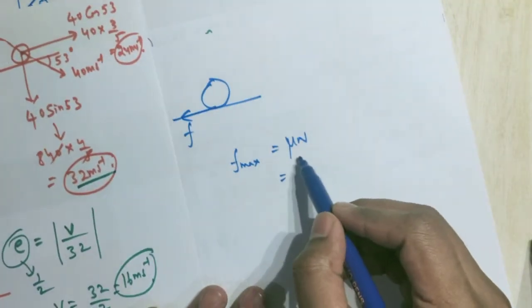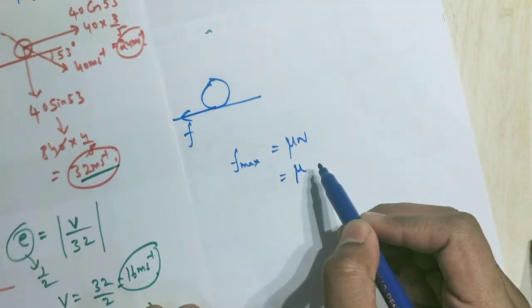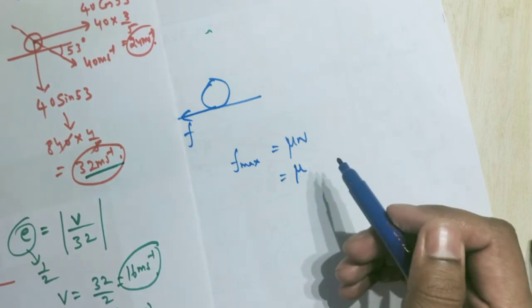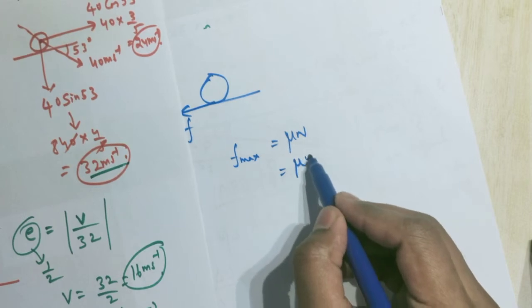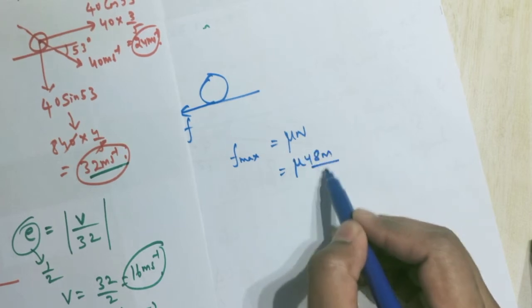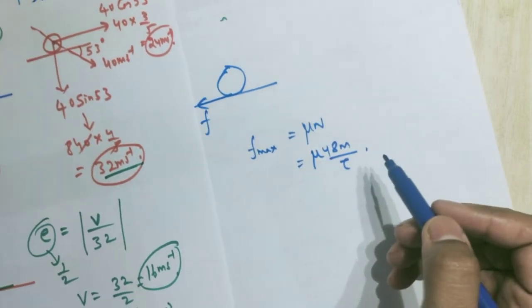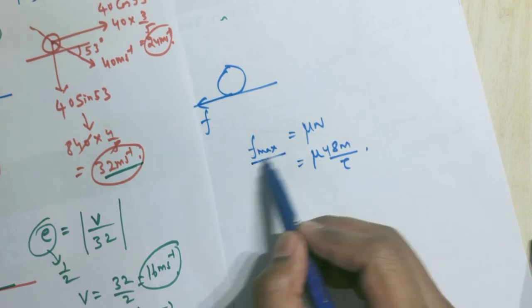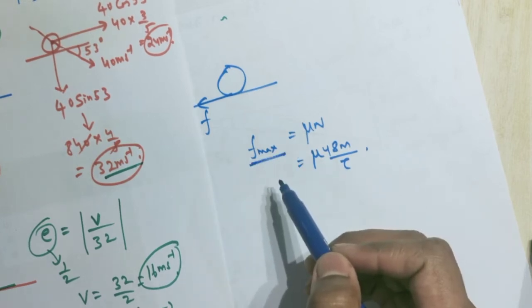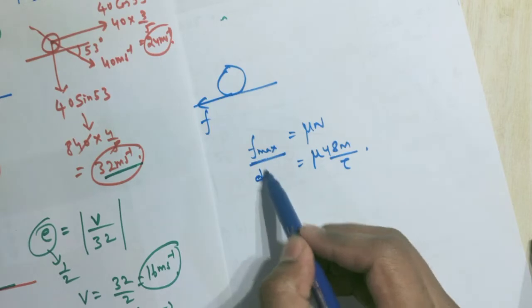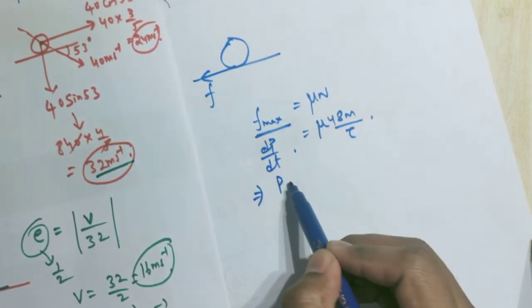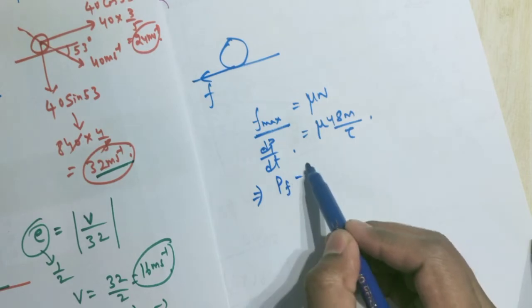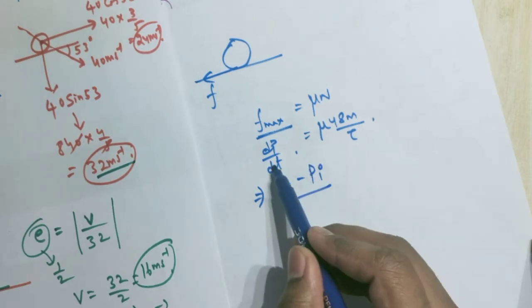So we'll get mu into 48 m by tau. Now this force you can write as rate of change of momentum, dp by dt, that is final momentum minus initial momentum divided by time.